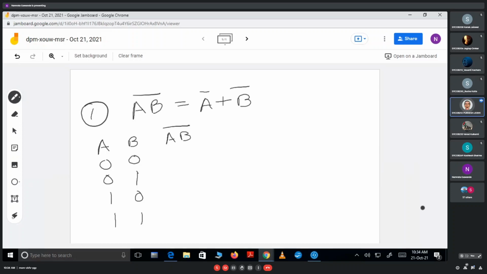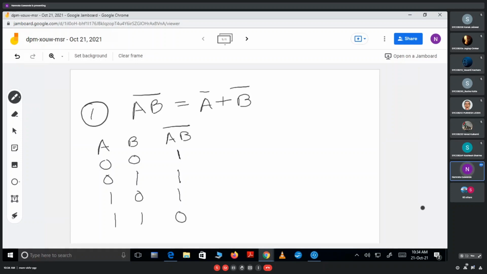Multiplication, and then the complement of that. A into B is 0 into 0, which is 0, and the complement of that is 1. Then 0 into 1 is 0, the complement is 1. Then 1 into 0 is again 0, the complement is 1. But 1 into 1 is 1, and the complement of that is 0. So this is the result of (AB) bar.